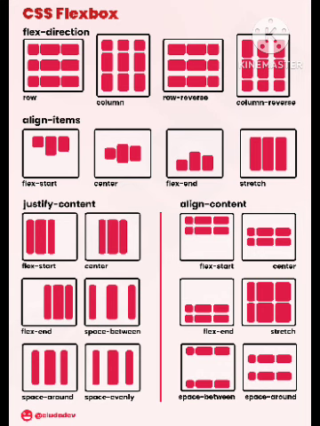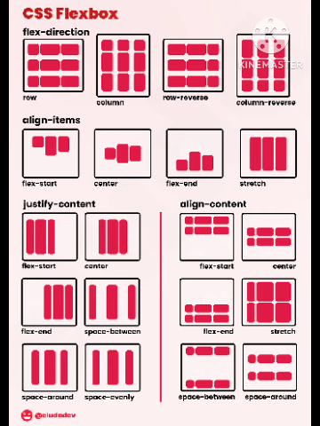And space around. What space around will do is it will also have space at the edges. For example, from the start of the container some 100 pixels, then A, then 200 pixels, then B, then the distance from B to C will be some 200 pixels, then after C some 100 pixels, right?